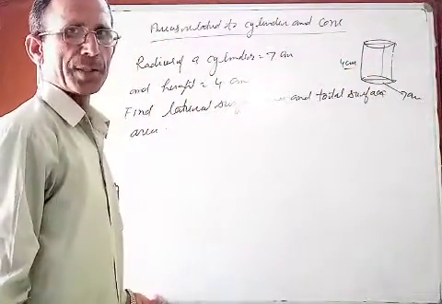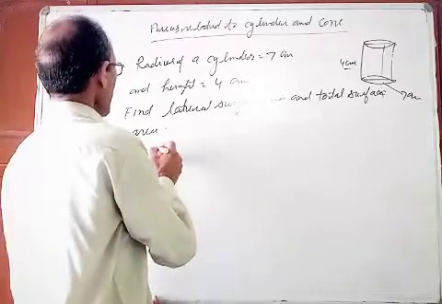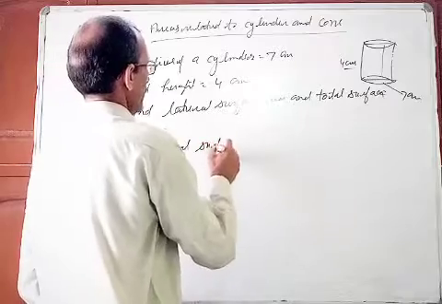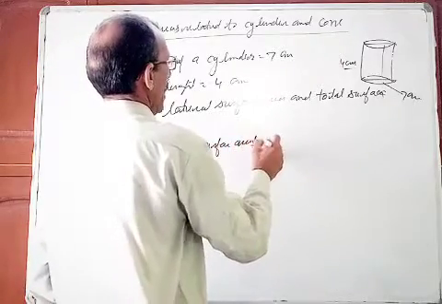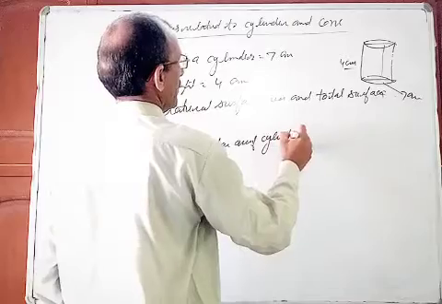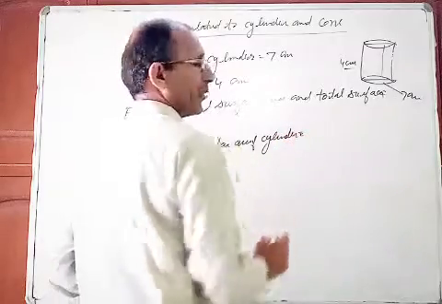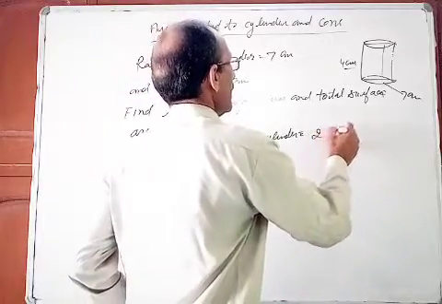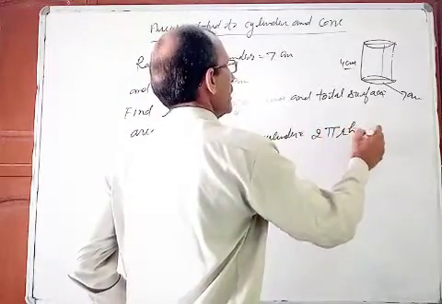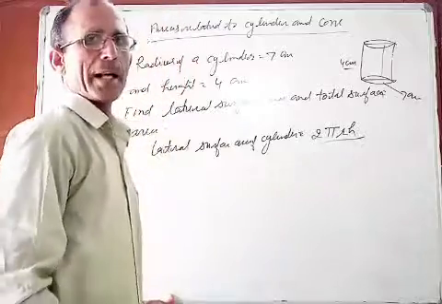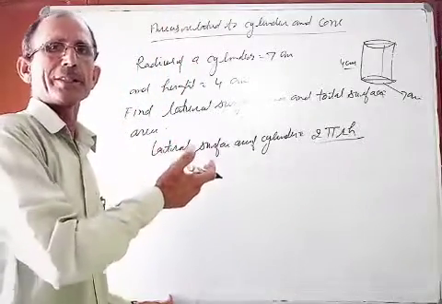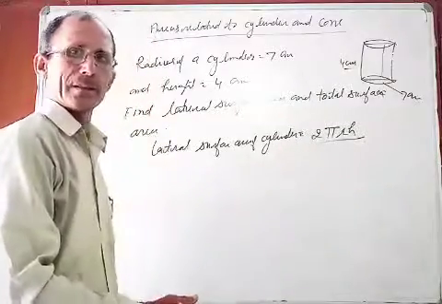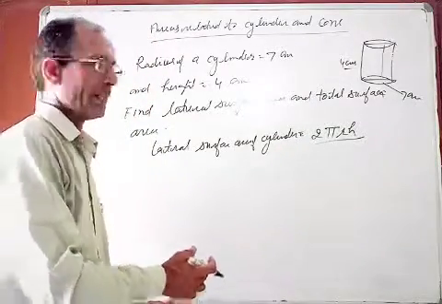So the lateral surface area of the cylinder: what formula did I tell you? 2 pi r h. You have to memorize it, and after that you can solve questions related to areas. I have explained, you must learn the main points and these formulae.